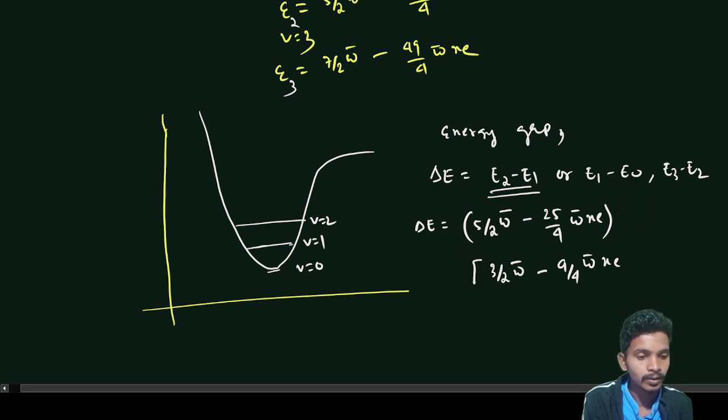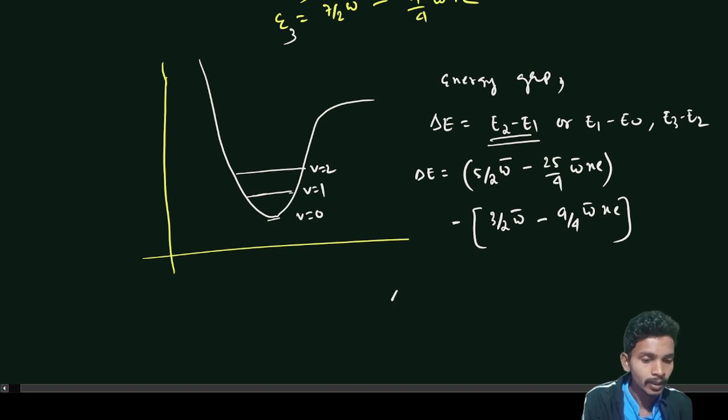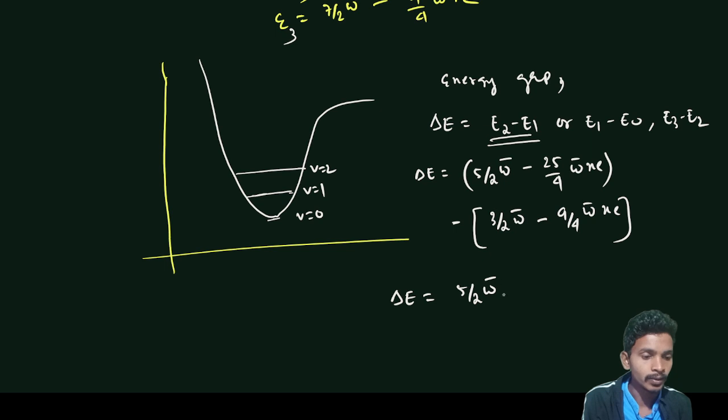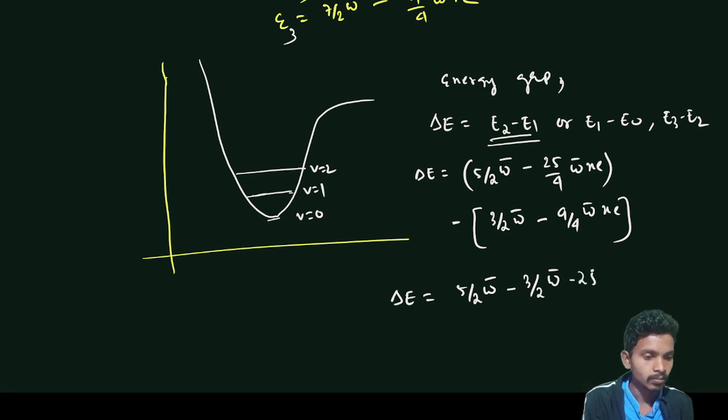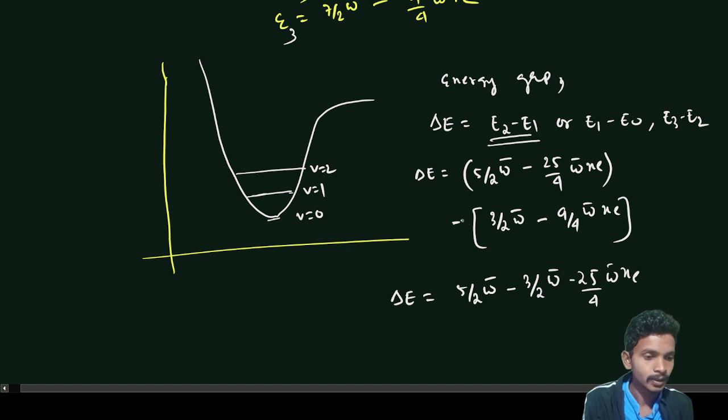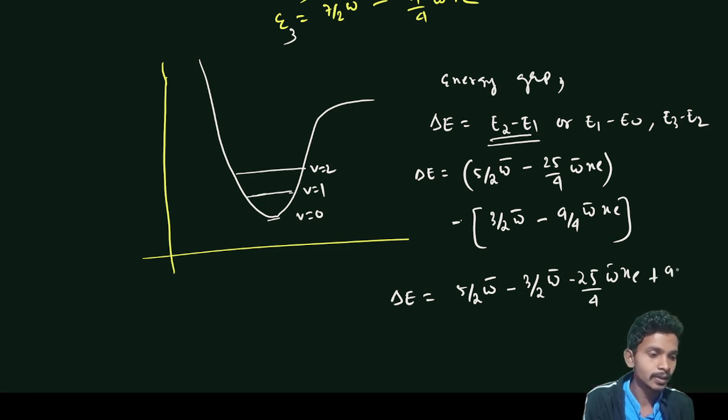I'm putting here negative. So delta E is equal to 5 by 2 omega, and I will do 3 by 2 omega, and I will do minus 25 upon 4 omega xe. This minus minus becomes plus 9 upon 4 omega xe.